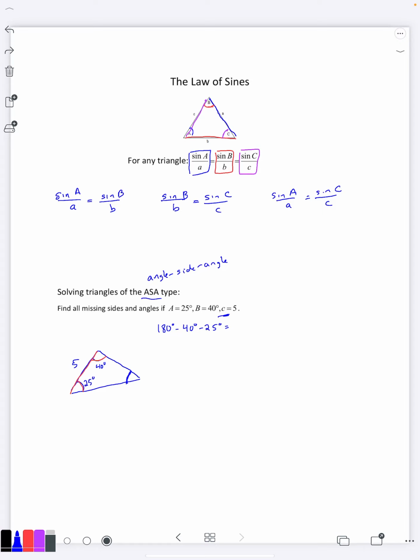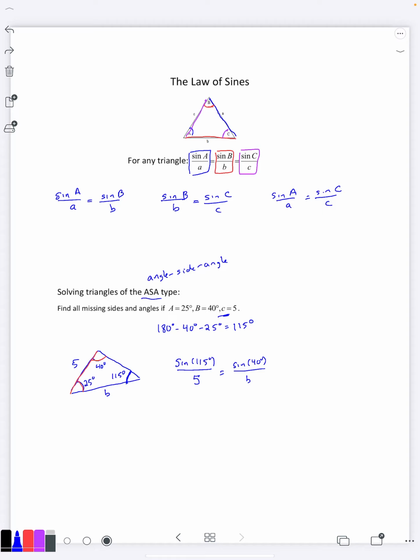180 minus 65 is 115. And then once you know the third angle now, then we can say sine of that known angle divided by the side opposite, which we also know, is equal to, let's say, sine of 40 divided by the opposite side of 40, which we'll call b. And now we have an equation with only one unknown.